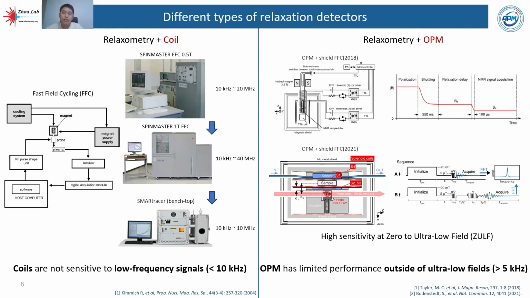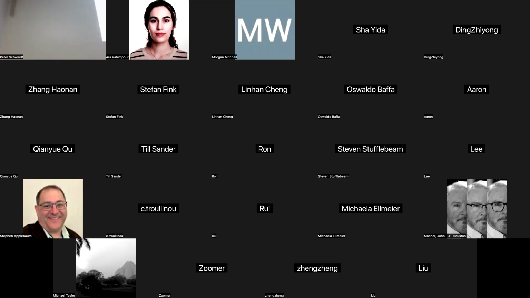However, because the coil is not sensitive to the detection of low-frequency signals, relaxometers usually require above 10 kHz. For example, most of the relaxometers from Stelar work in the range of 10 kHz to tens of megahertz. And on the right is a fast field cycling NMR relaxation detection.